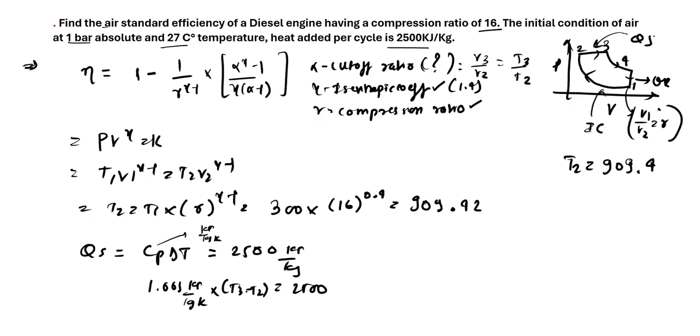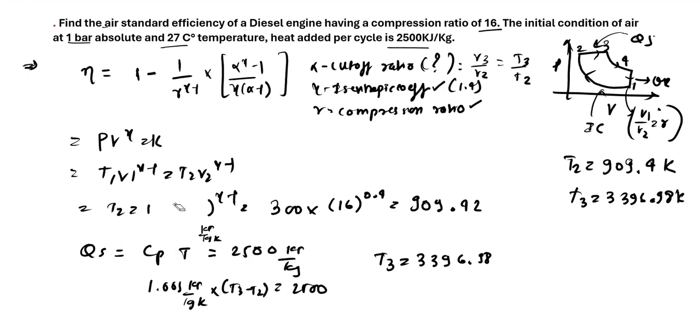We have the value of T2, so we have 2500 divided by 1.005 plus 909.42, and T3 is 3396.98 Kelvin. So let us move ahead.